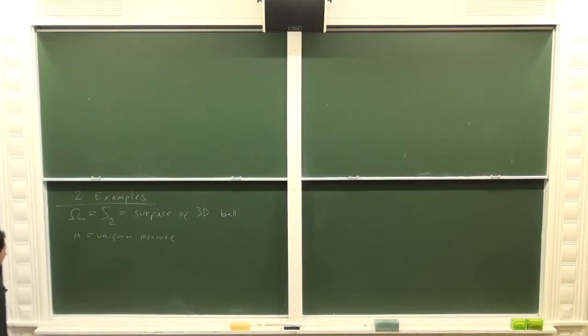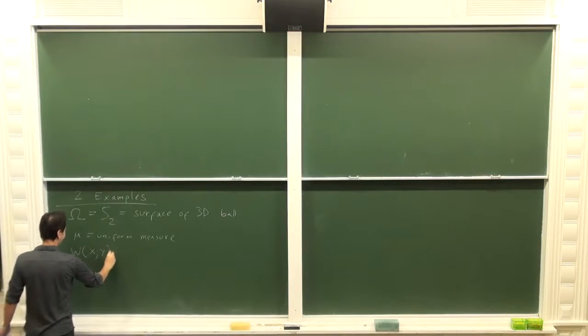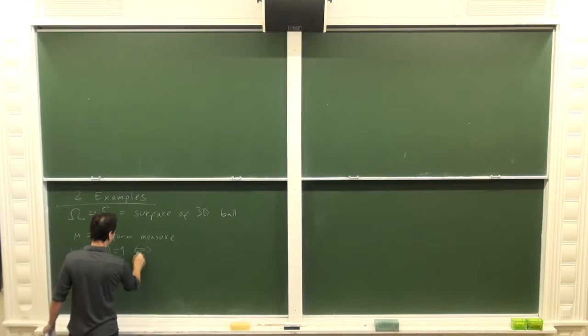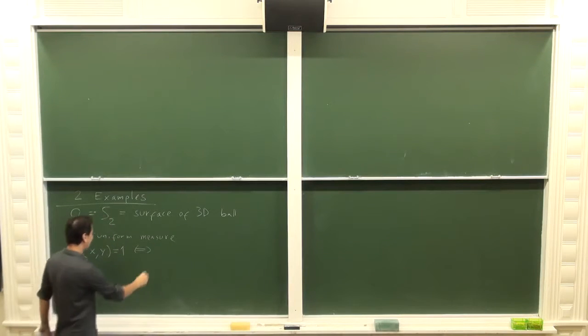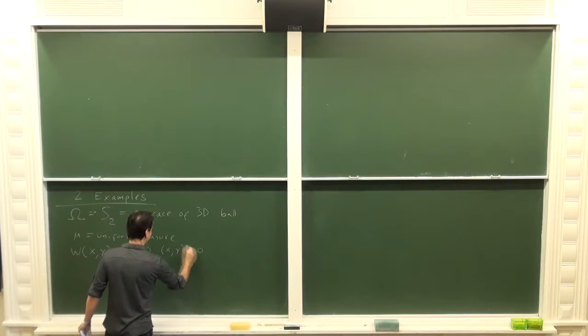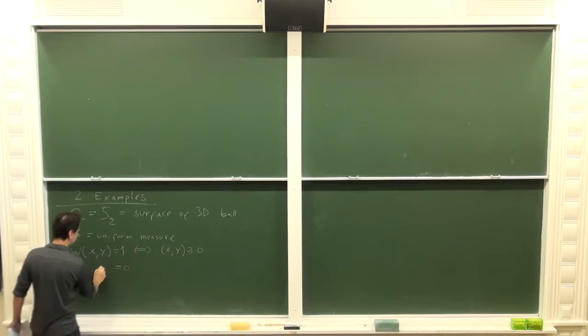If we consider the following graphon, W(x,y) is equal to 1 if and only if the scalar product of x and y is non-negative, and it is 0 otherwise.